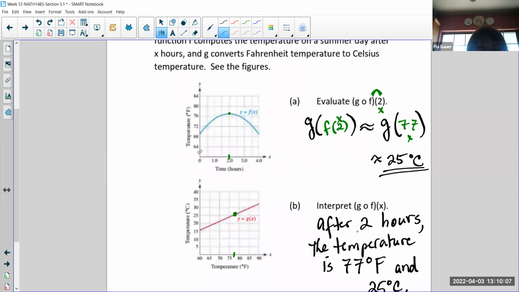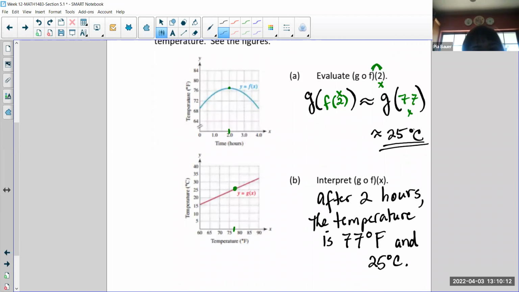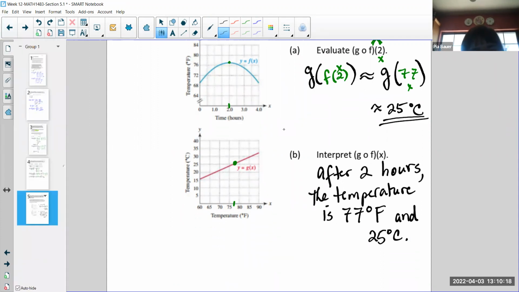So it's converting those temperatures from Fahrenheit to Celsius in one step. So these are some examples of what you're going to see here in section 5.1.